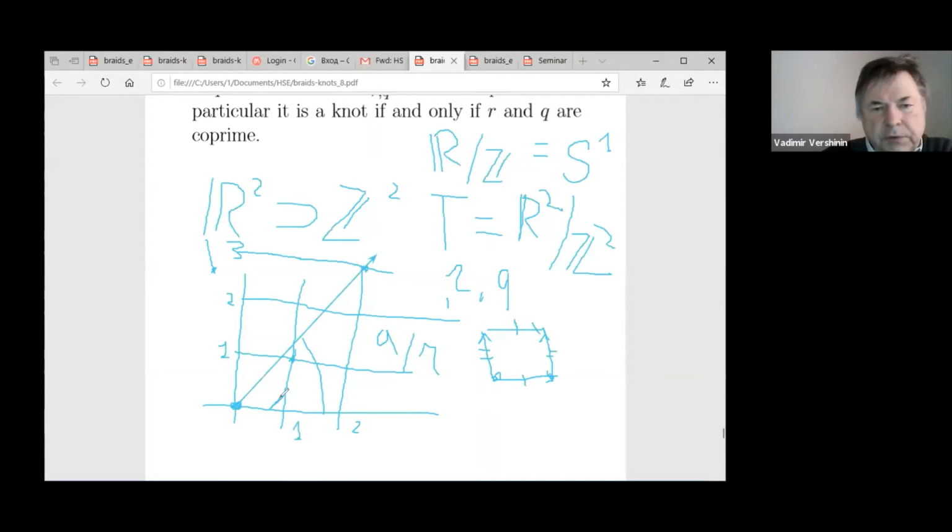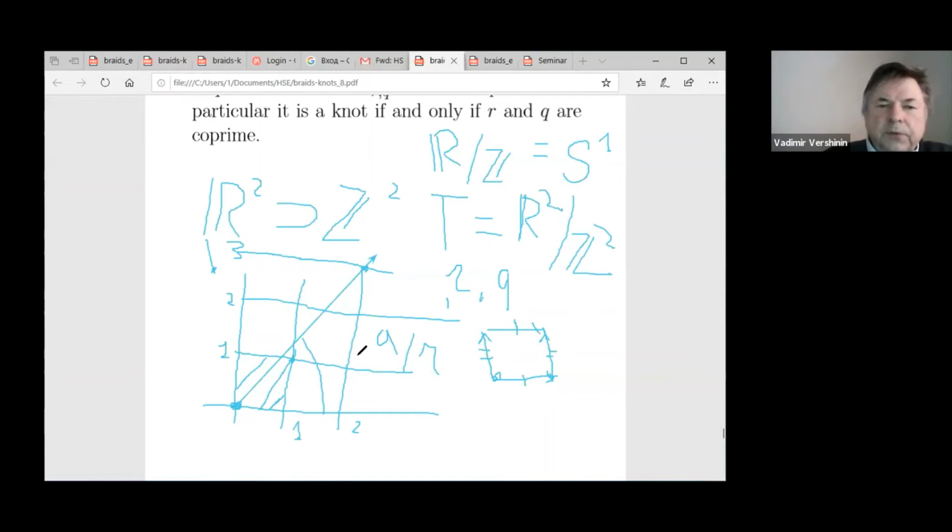Then it goes to this point, and this interval is equivalent to this one, but this point is the same as this point. So we go up and we came here.